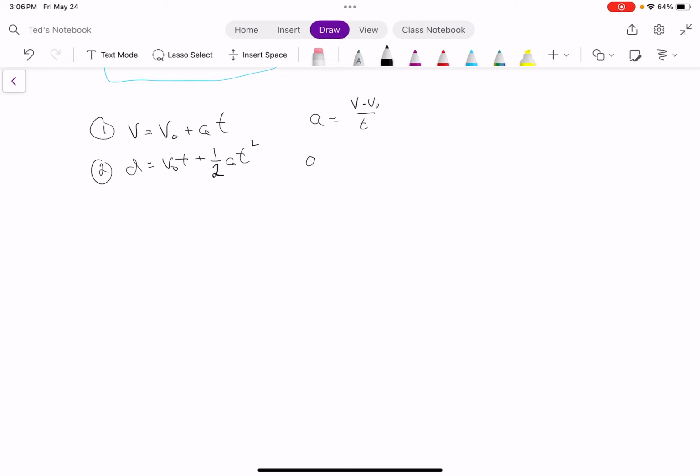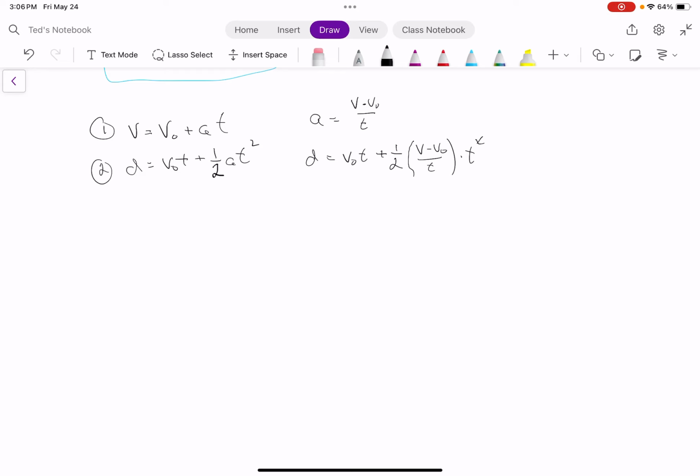That gives me displacement is equal to initial velocity times time plus 1/2 acceleration times t squared, and for acceleration, I'm going to substitute v minus v0 over t. So 1/2 v minus v0 over t times t squared.